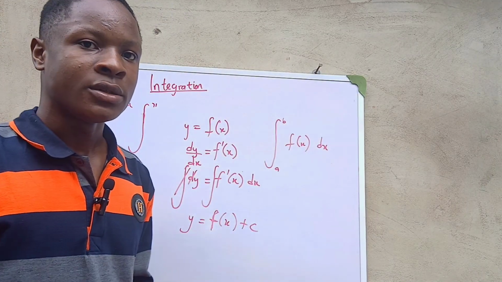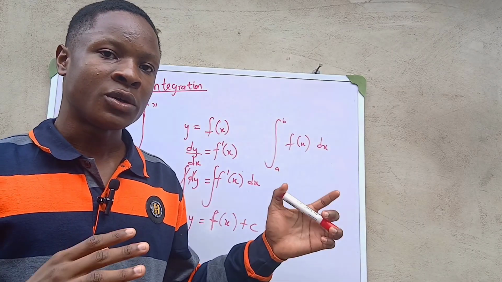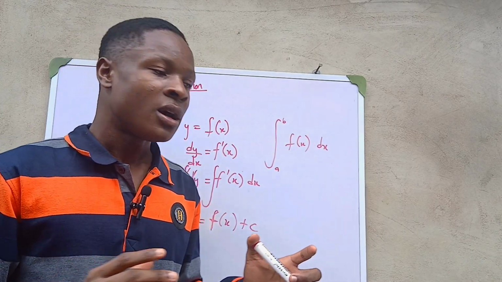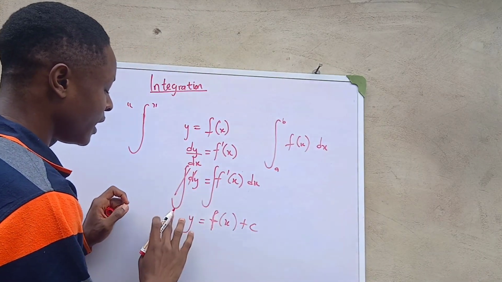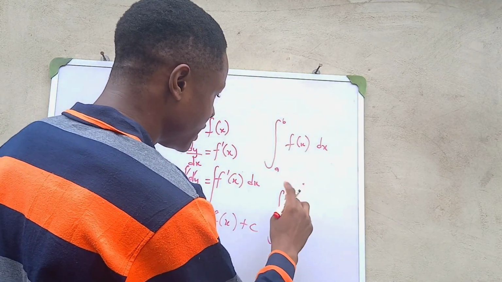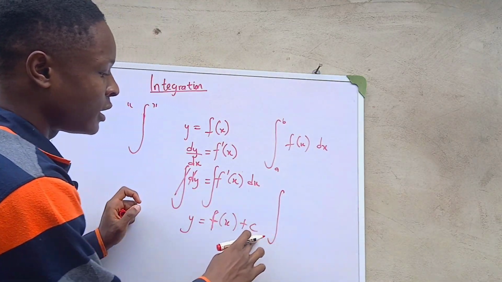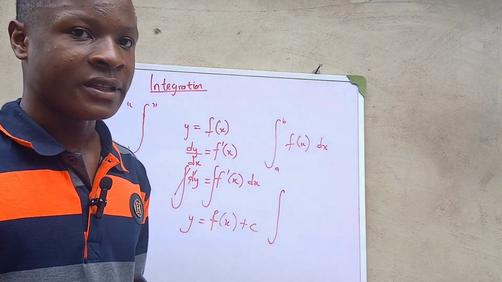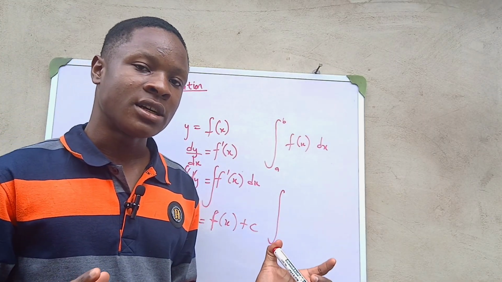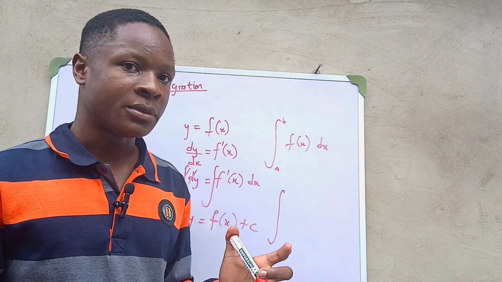It means that what you have there is a definite integral. But if you have an integration sign without any numbers on the top and the bottom, it means that you have an indefinite integral. Indefinite integrals do not have upper limit or lower limit.